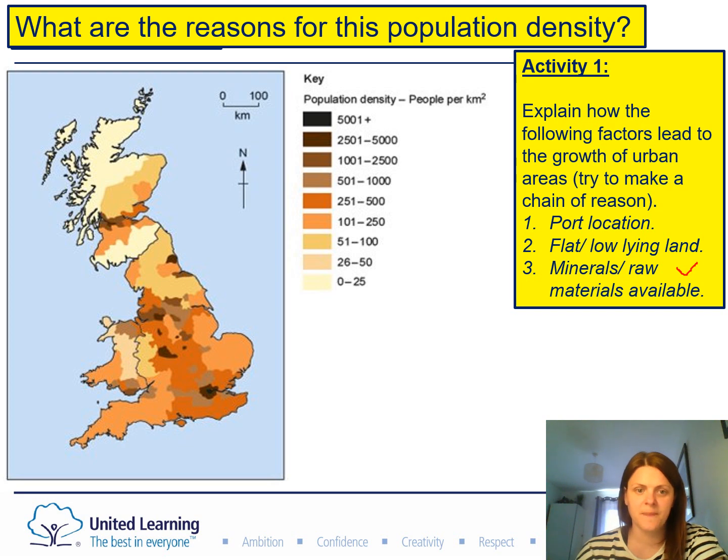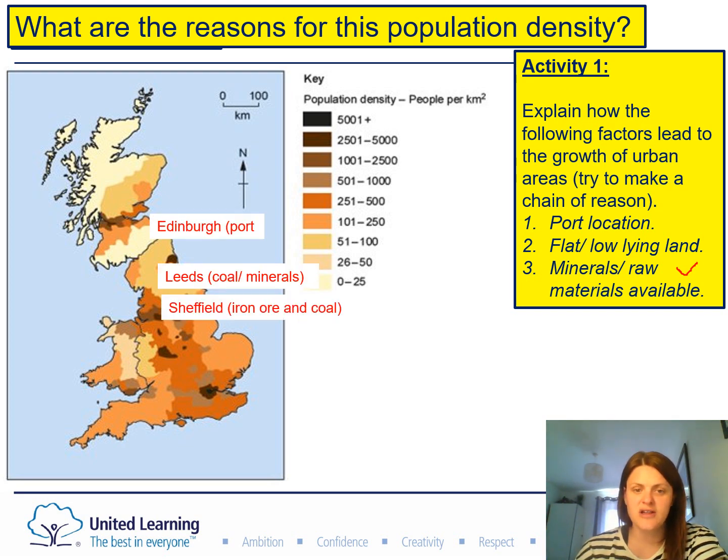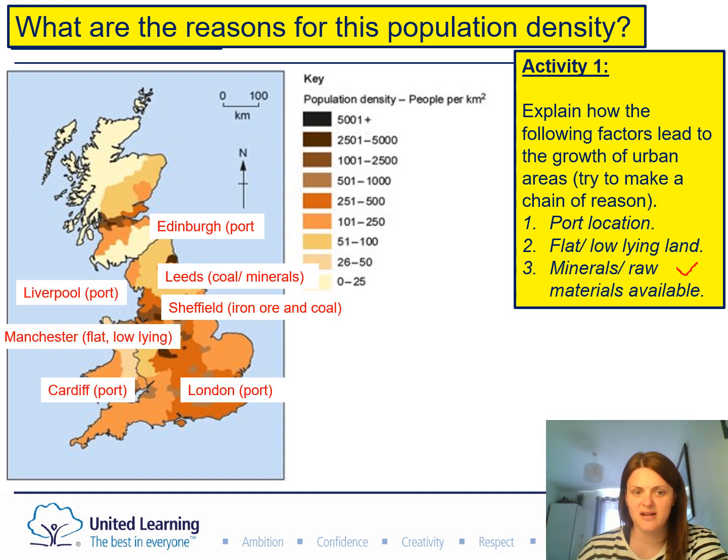So let's just have a look at the places on this map that I want you to focus on. We've got Edinburgh, Leeds, Sheffield, London, Cardiff, Manchester and Liverpool. If you notice, for places like Liverpool, Edinburgh, Cardiff and London, they are what we call ports.